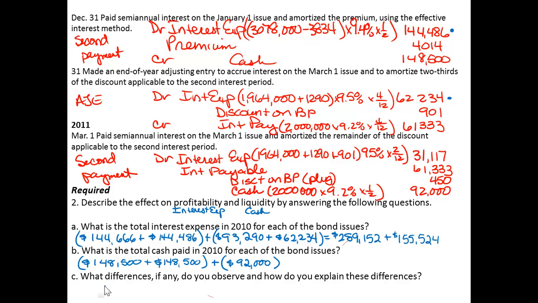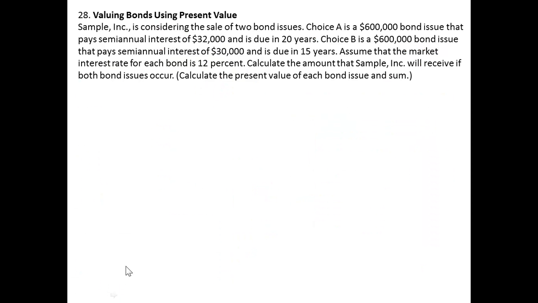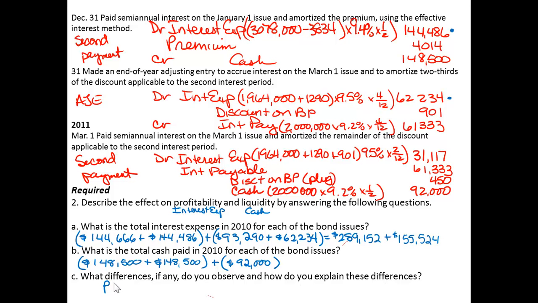So for the premium, the interest expense, or the impact on the income statement, is less than the cash paid. And you can see that by comparing the cash payments versus the interest expense.